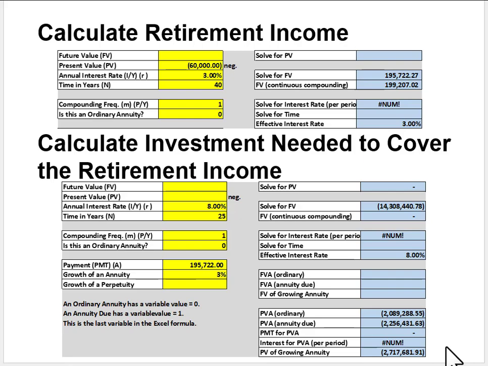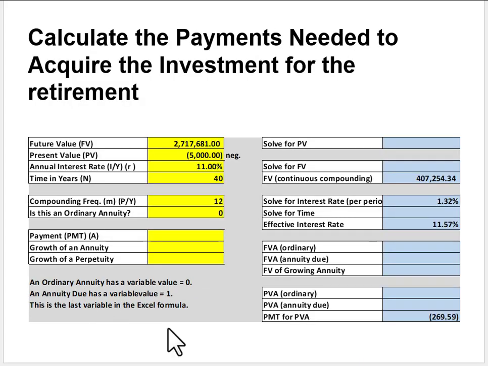So let's go with the bigger number, right? If you overestimate how much you need to save, that's better than underestimating, I think. So you need to save between today and your 65, you need to save $2.7 million. How can we do that? Well, in our example, we said you need $2.7 million in the future.